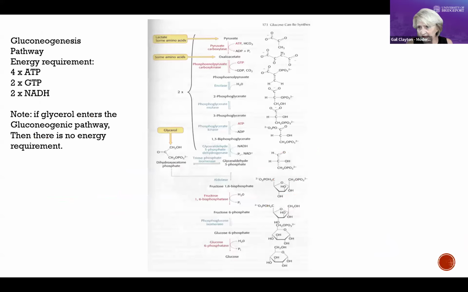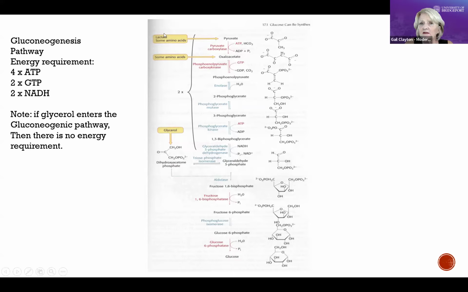Now, this is a pretty scary looking pathway, but I just put it here because I really want you to focus on the energy requirement of gluconeogenesis. Look at it, it requires 4 ATP, 2 GTP, and 2 NADH. But if glycerol enters the gluconeogenic pathway, then there really isn't any energy requirement.